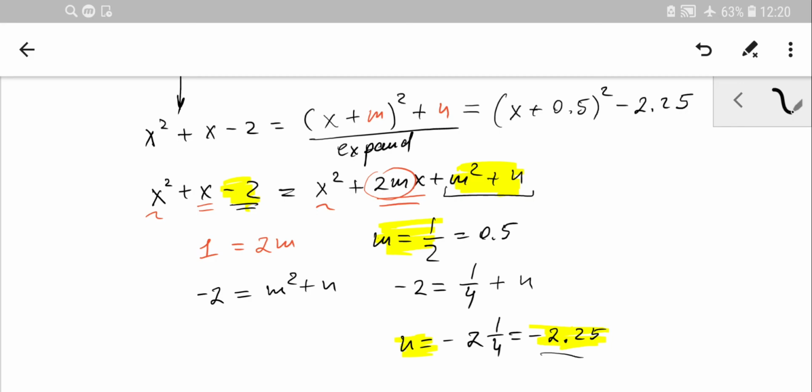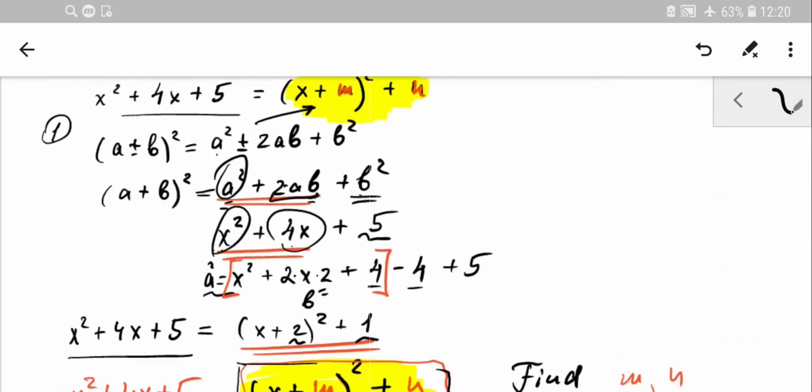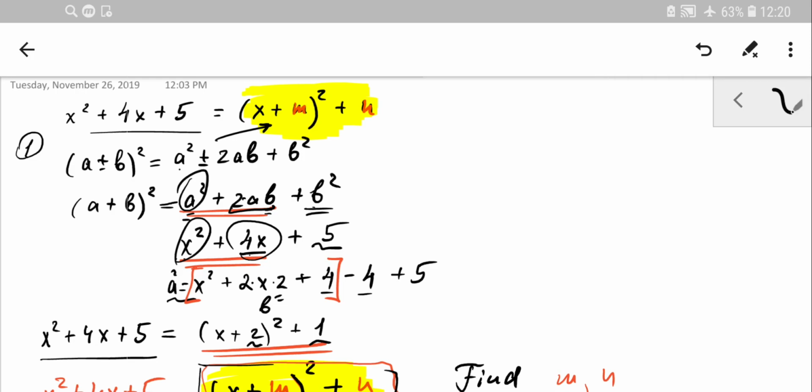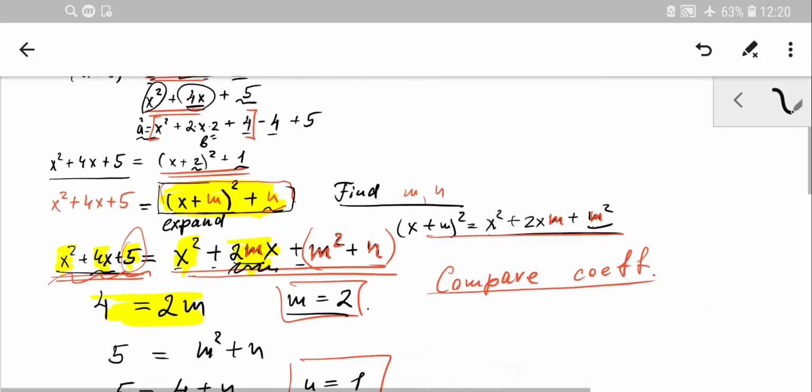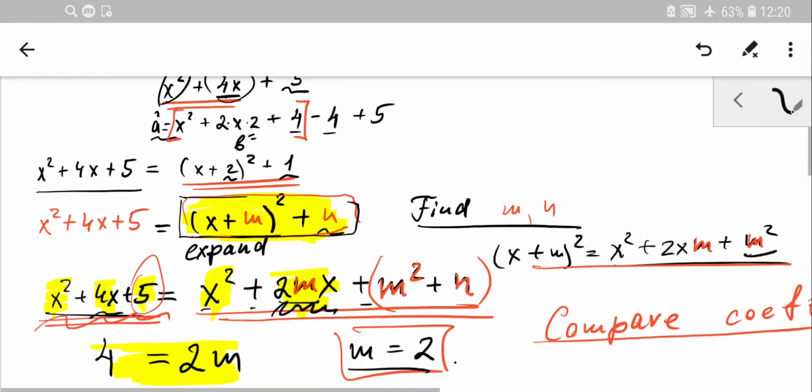Alright, so this method is pretty straightforward. You're free to use either method, so you're not restricted: either through the formula or through rearranging the middle term, as we did here. We rearranged the middle term for x into the proper structure, worked out the a and b coefficients, and used a predetermined pattern like (x plus m) squared plus n. No matter which letters you use, instead of m and n you might use a and b.